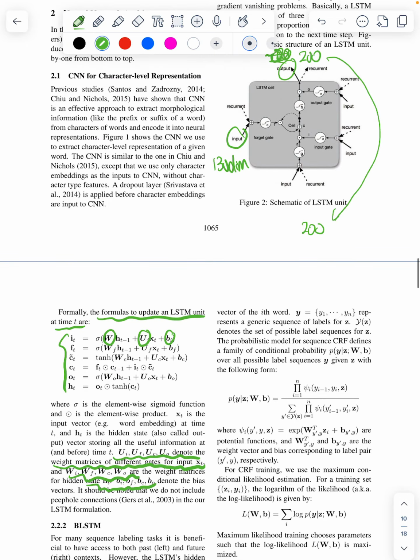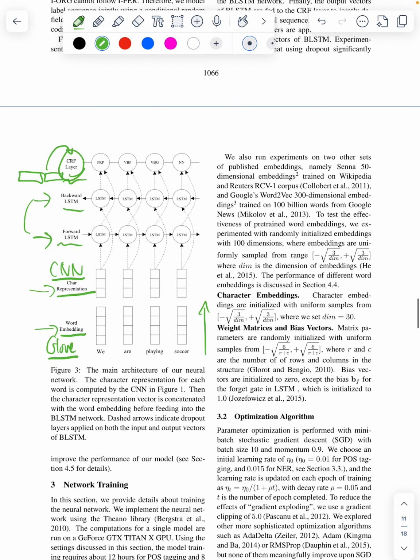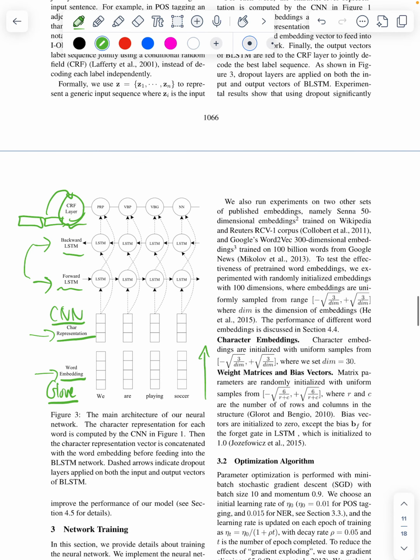They're initially randomized and then updated later. So here this would be 130, this would also be 130, and then this would output 200, and this would output 200. So by the time the CRF layer happens, you would have a 400-dimensional vector.